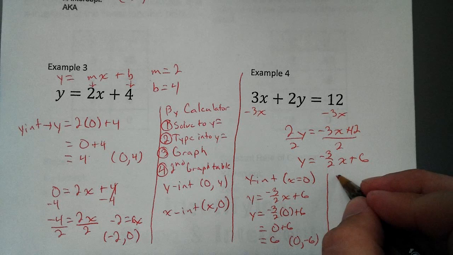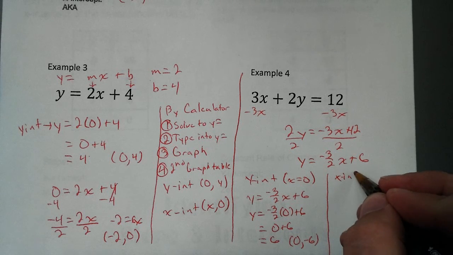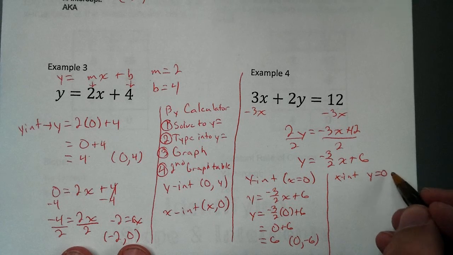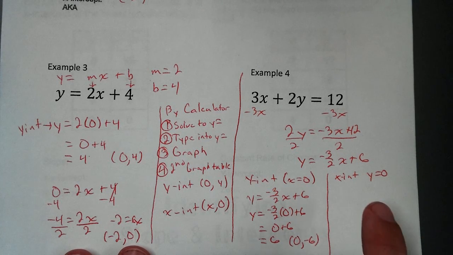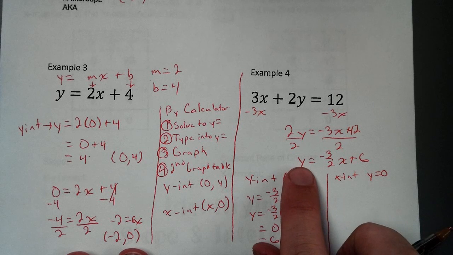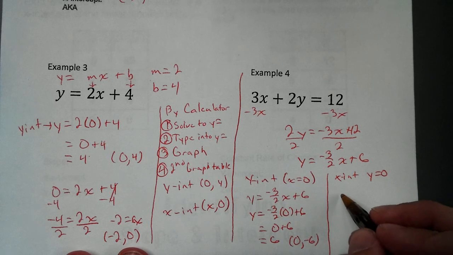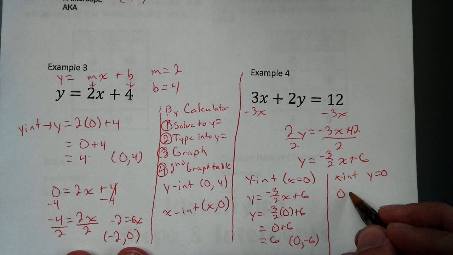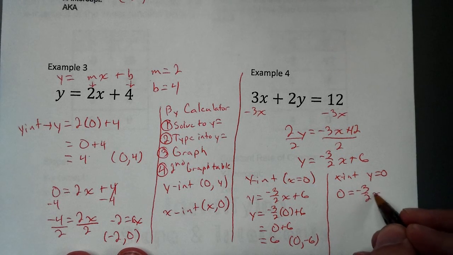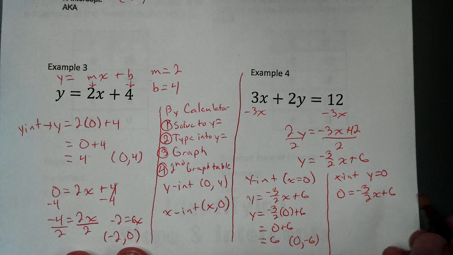For my x-intercept, or my 0, the y will be equal to 0. The reason it's often referred to as the 0 is because once you get it into slope-intercept form, everything has to equal 0. So 0 right here equals negative 3 over 2x plus 6, and we're going to solve for x.